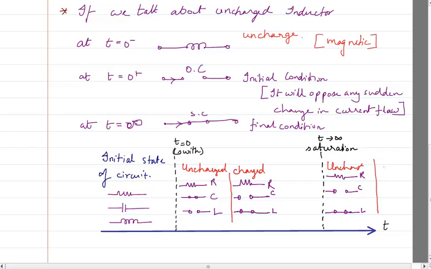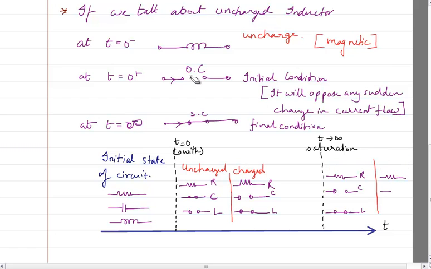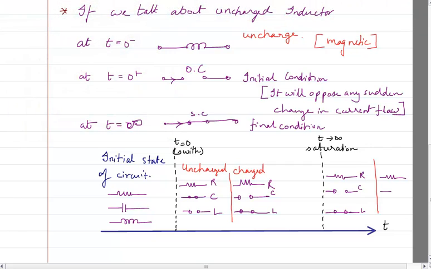Sorry, this was charged and this is uncharged. So this was the charged state and this is the uncharged state.